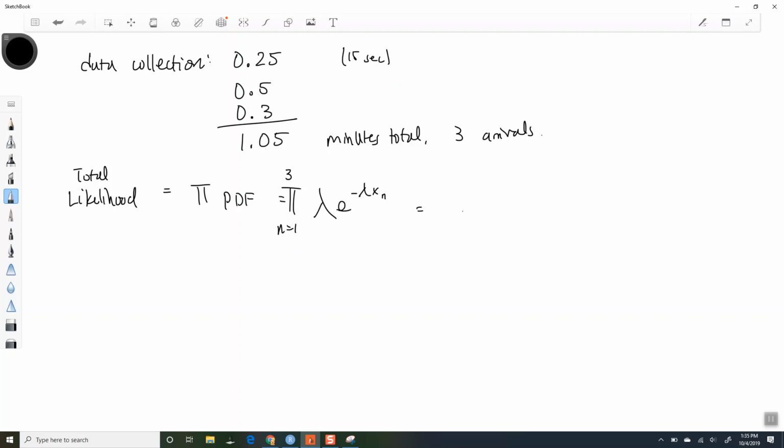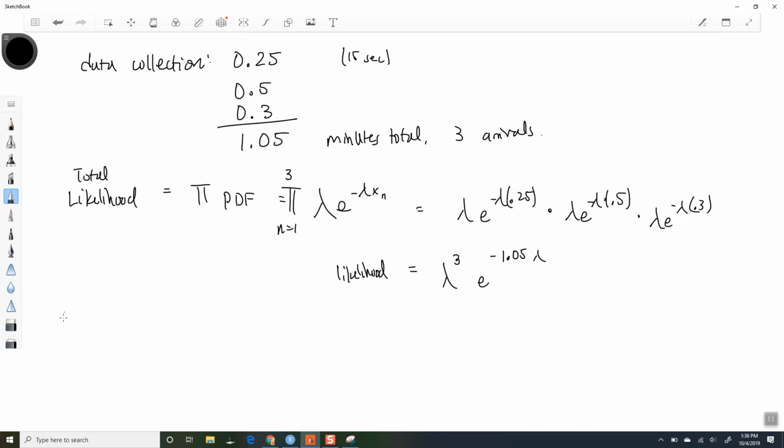That's lambda e to the negative lambda times 0.25, times lambda e to the negative lambda times 0.5, and times lambda e to the negative lambda times 0.3. What's the total product going to be? It's going to be lambda cubed e to the negative 1.05 lambda. Is that what we have? So this is my likelihood.